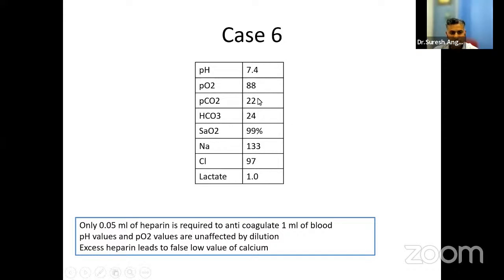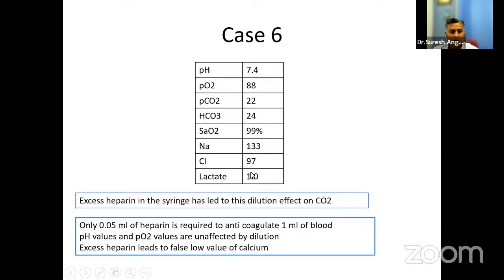So if there is excess heparin, you know that we shouldn't use too much heparin. These days there are pre-filled or pre-primed heparin syringes, but otherwise we just fill heparin in normal syringes, and if there is excess heparin, then it can decrease the value of PCO2, and in addition, calcium values may be low, but there won't be any effect on pH and PO2, right?